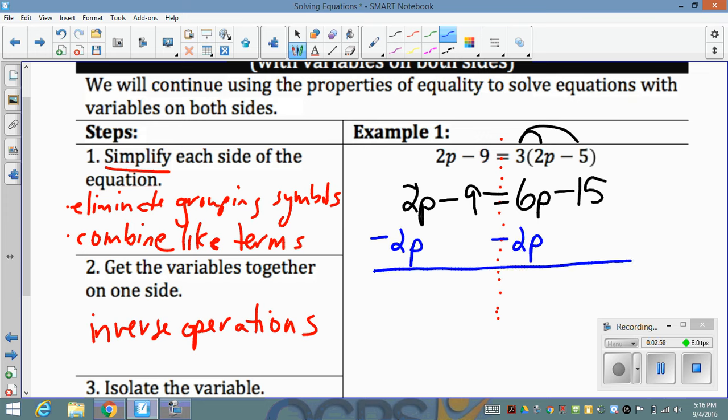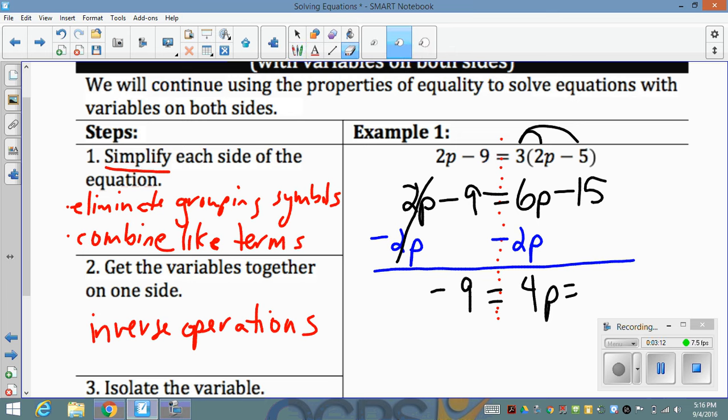Again, I'm doing the opposite because I'm crossing that equal sign. What's going to happen there is 2p minus 2p is 0. 0 minus 9 is negative 9. And then I get 4p minus 15. 6p minus 2p is 4p.